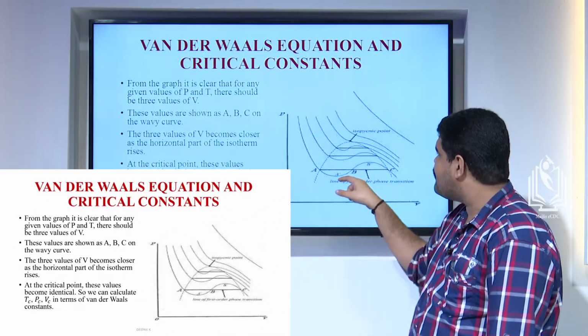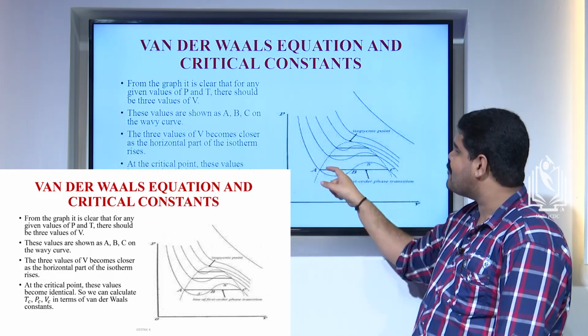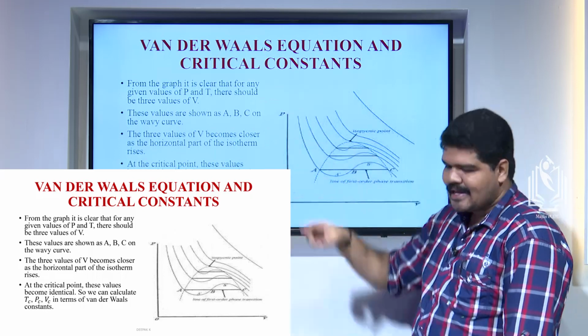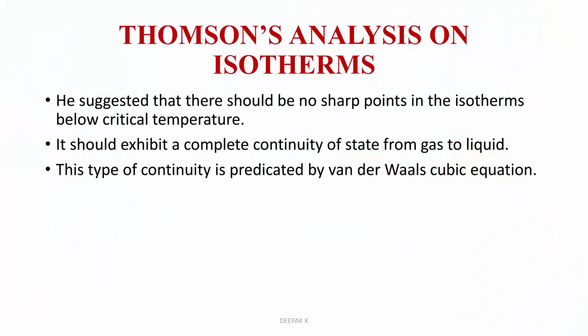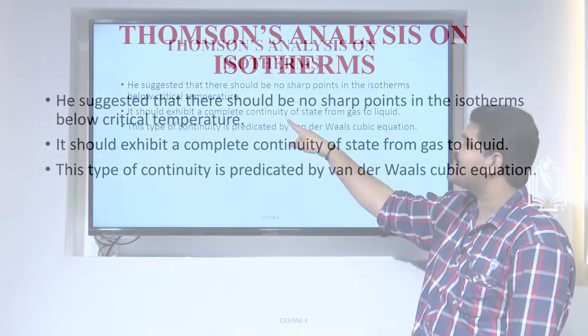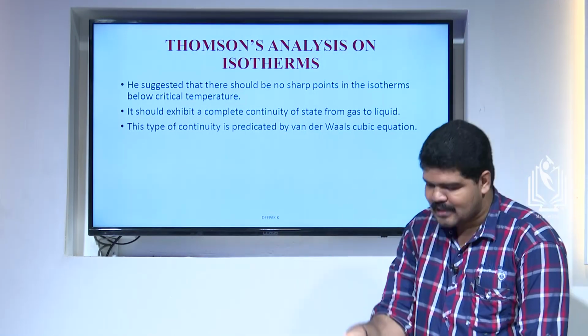There will be a wavy portion in that area, just a wave around that. You can't define the points. That is what is shown here. He suggested that there should be no sharp points in the isotherm below critical temperature. Okay, so that is all about Thompson's analysis.